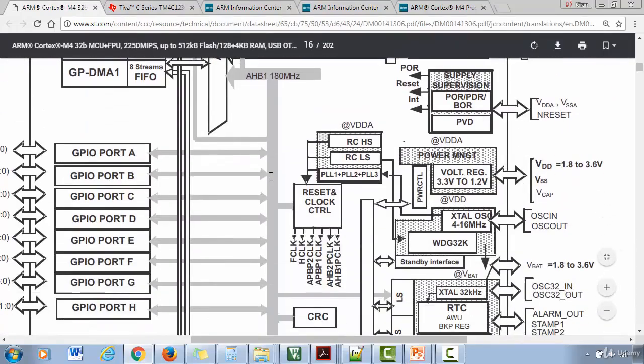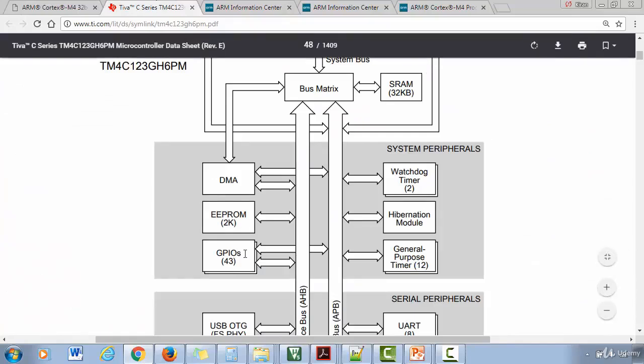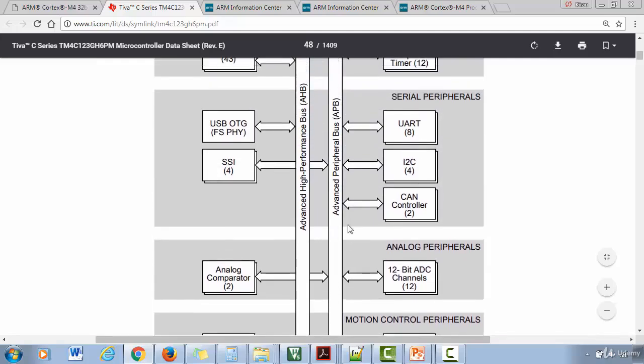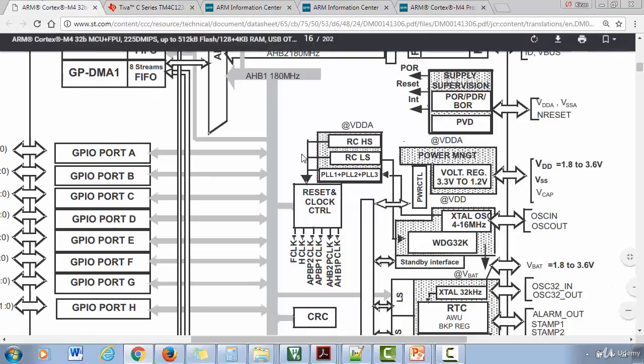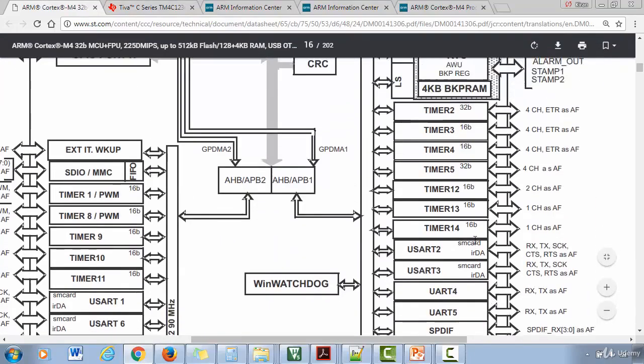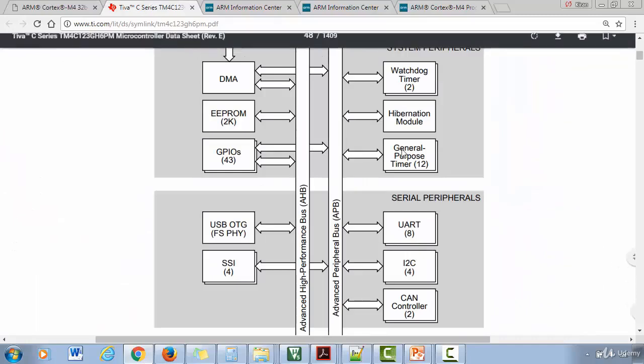In the earlier one, the GPIOs are connected only to the AHB bus. So here you can operate the GPIO as a high speed peripheral, or you can operate it as a low speed peripheral. Most of the peripherals are connected to the APB bus, just like the earlier design.